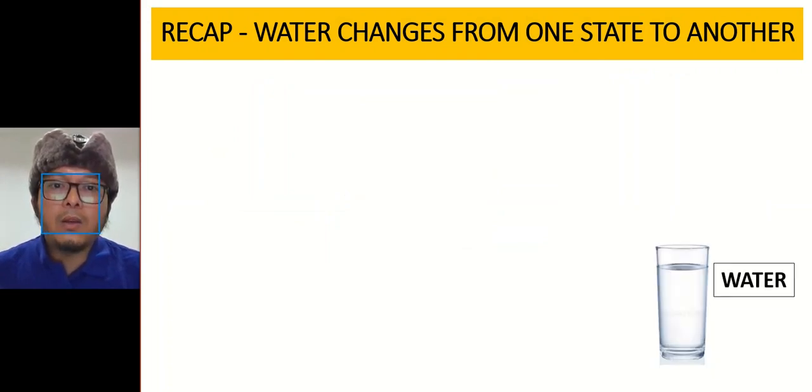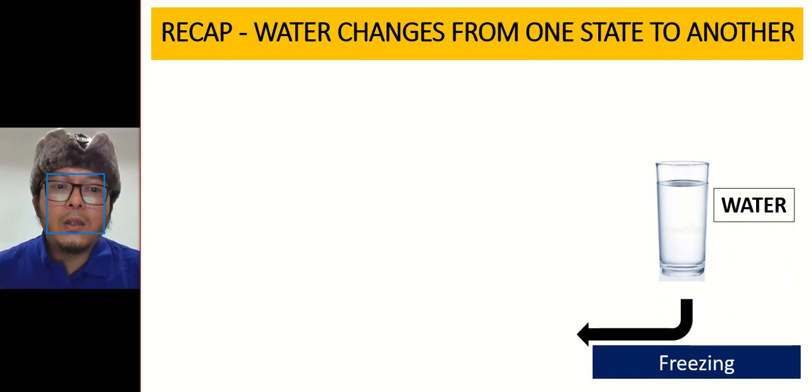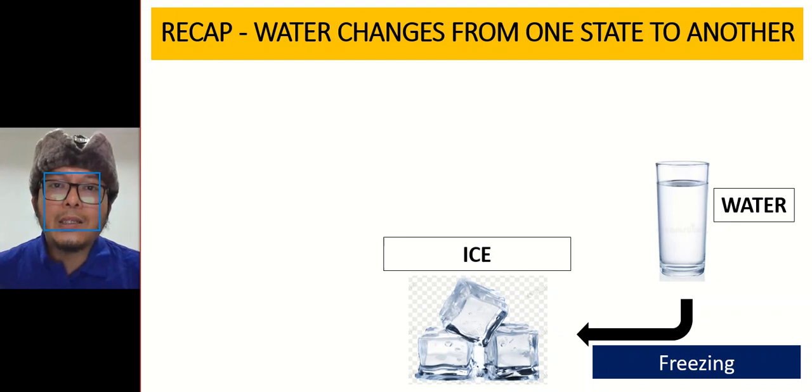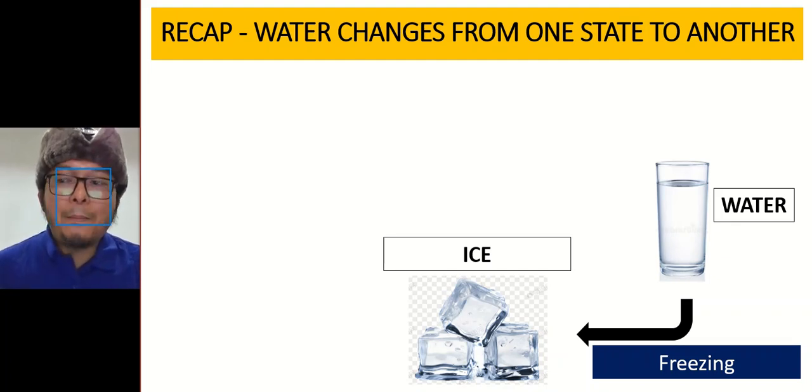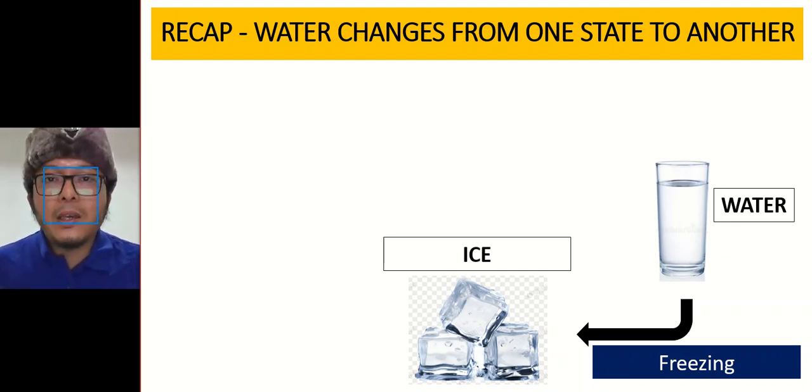Let me remind you. This is water. Water, when it is freezing, it will change to ice. Now your exercise, check this, your exercise freezing. What happened when it is freezing? When it's freezing, the temperature will go down.